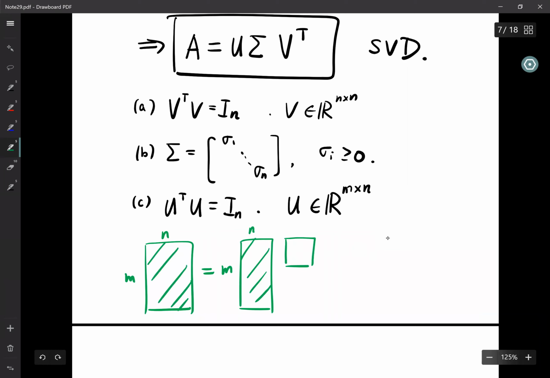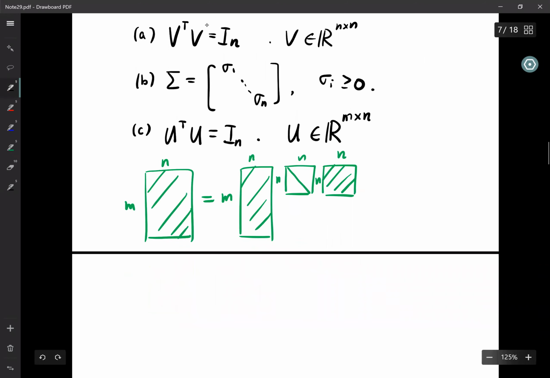Originally, this means I have a full dense matrix times an n by n matrix, which is this sigma, and then times this n by n matrix, that is V transpose. Any question? Okay, now let me show why C holds.